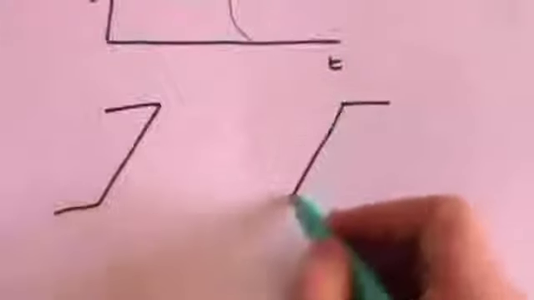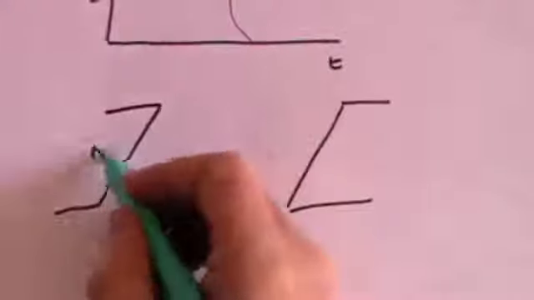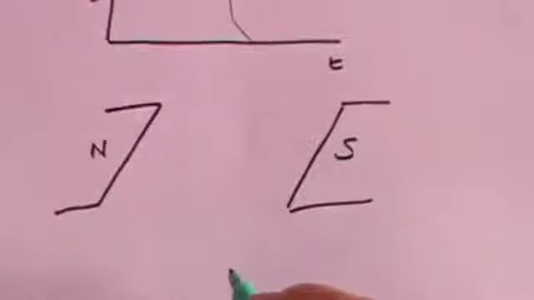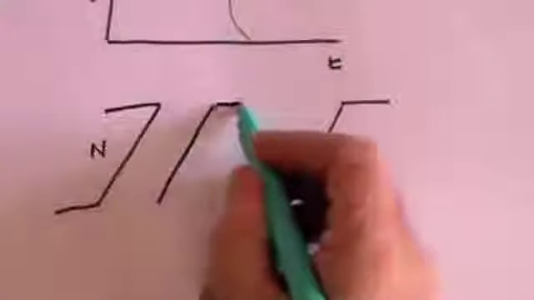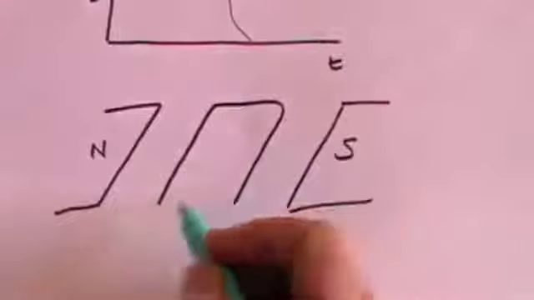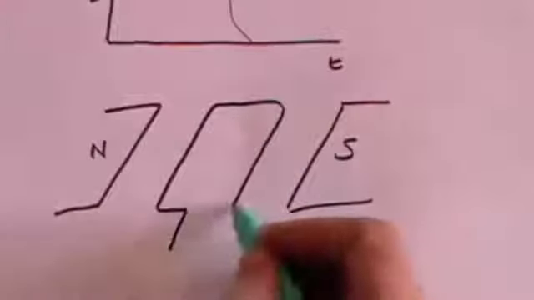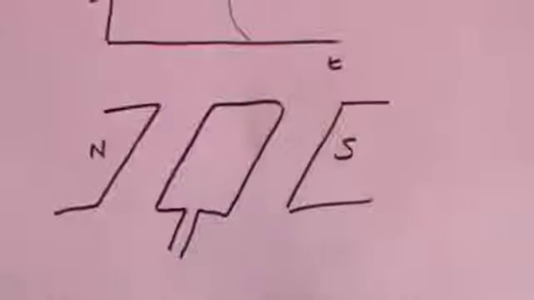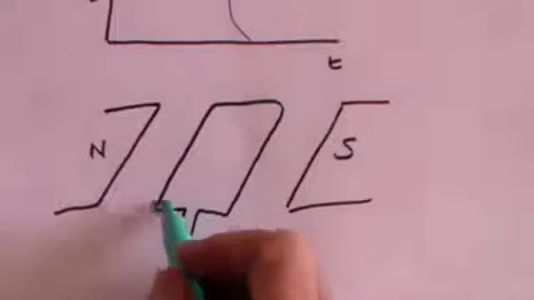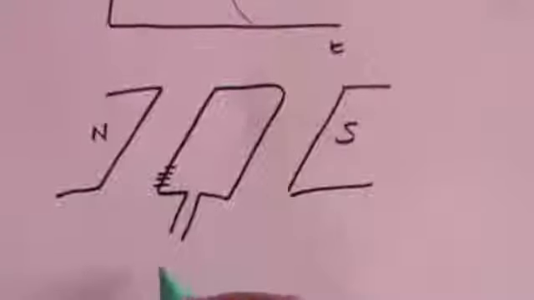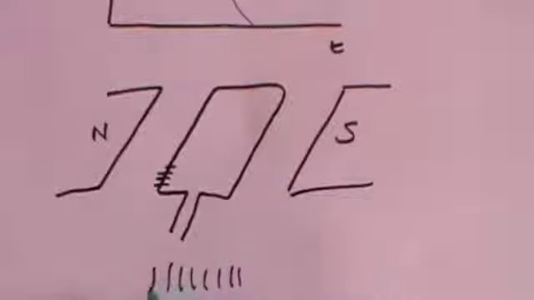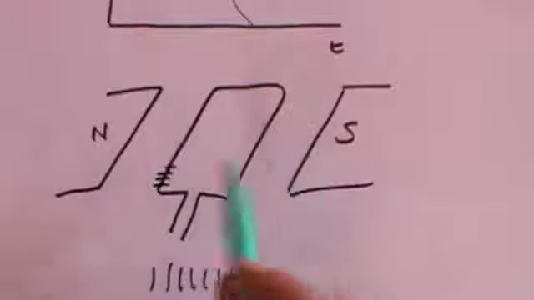We take a magnet, this is the north and this is the south pole of the magnet, and between the magnet we put a loop of wire. This is my loop of wire. And what we do is we put some kind of fins on the wire, and then underneath here we have some kind of heating capacity so that the steam rises and causes the loop to flip over.